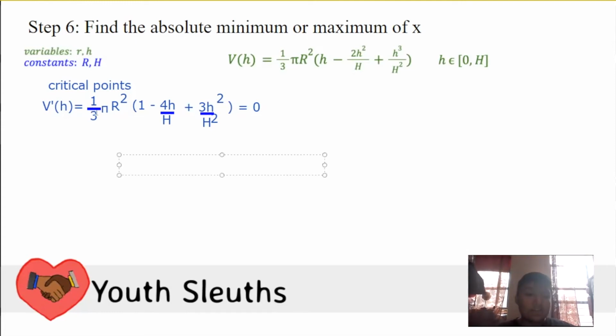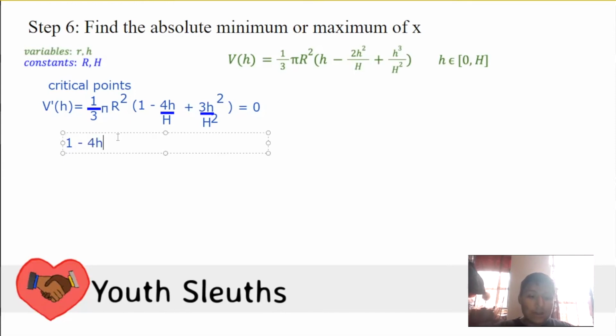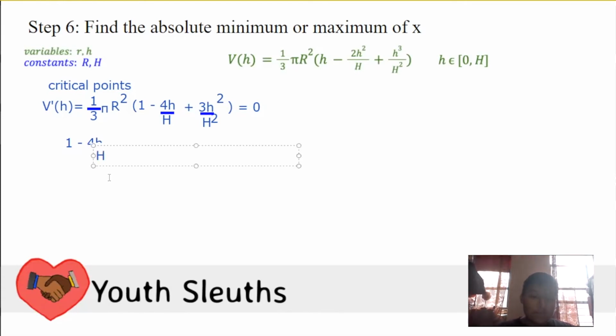So if we move these constants to the other side, we have 1 minus 4 little h divided by big H, plus 3 little h squared divided by big H squared. And again, it's equal to 0.